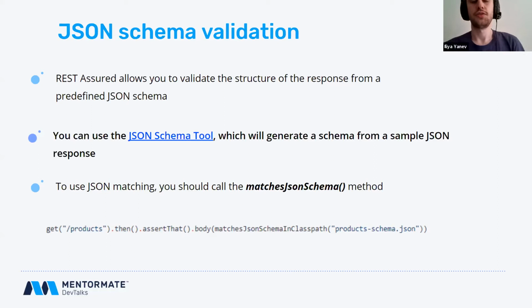And Rest Assured gives you a method which takes a JSON schema and applies it to your response, so you can immediately verify in one line that the response that you received actually contains all the fields that you expect from that endpoint.